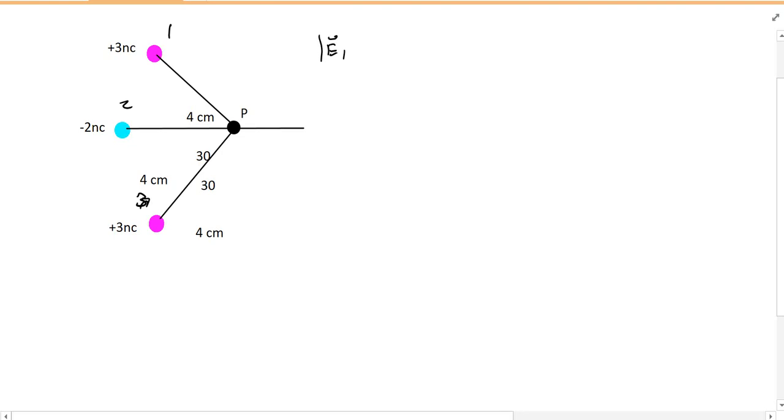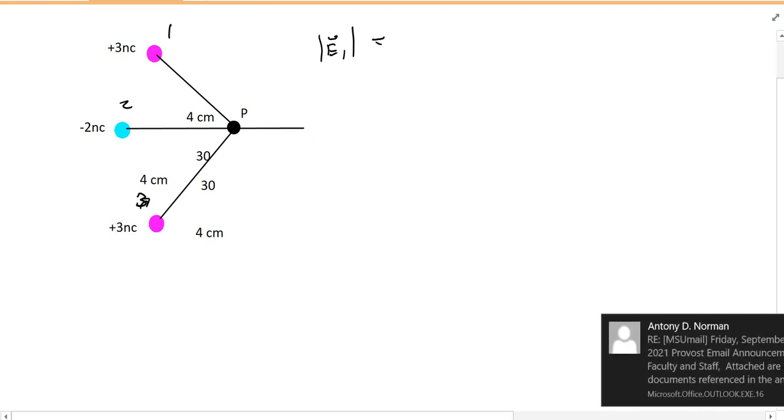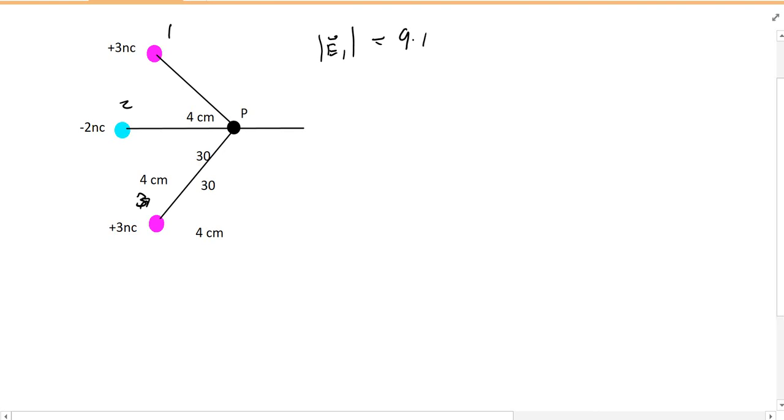And let's first find the magnitude of the electric field due to charge 1 at point P. So that's going to be, well, we'll use the equation KQ over R squared. K is 9 times 10 to the 9 newton meters squared per coulomb squared. And Q is 3 nanocoulombs, so 3 times 10 to the minus 9 if we convert to SI units of charge.